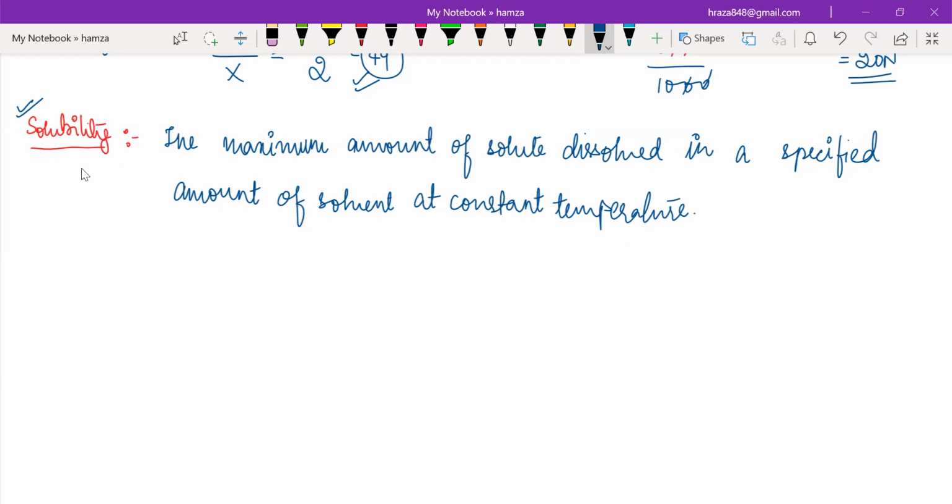This is called solubility. Basically, solubility can be expressed in gram per liter or kg per liter, or also mole fraction. Henry defines solubility in terms of mole fraction. Is that clear to all of you?